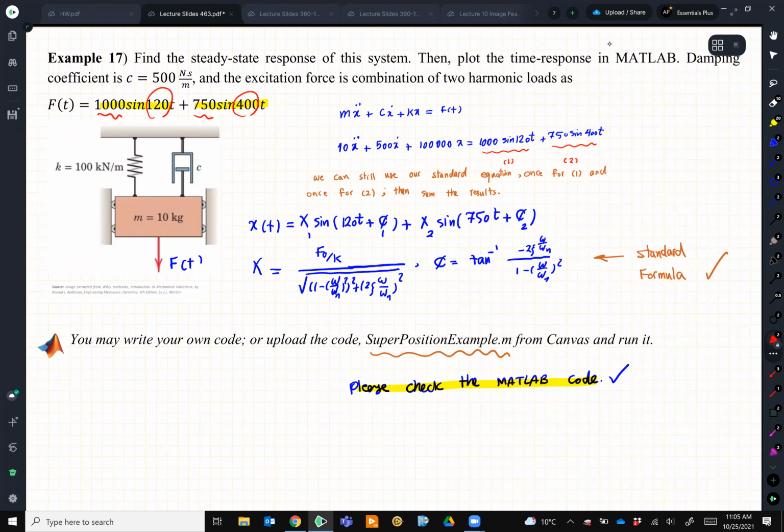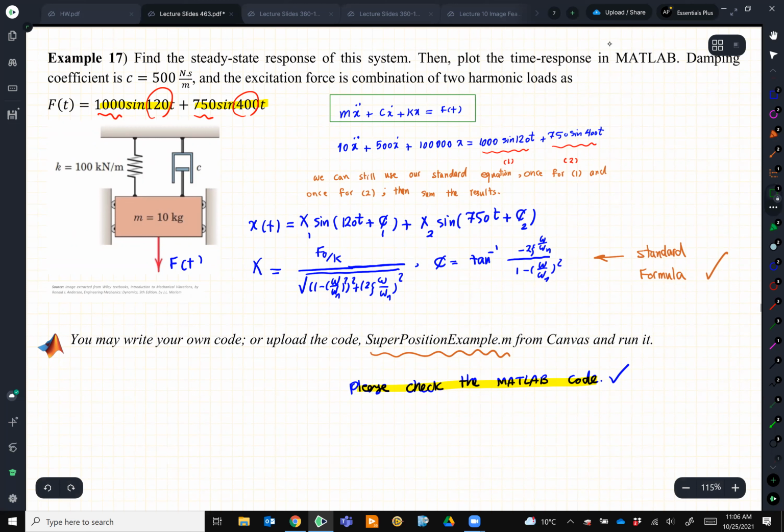Luckily, we can use the superposition property, and we can pretend that one time the problem is under the first force, but we have the same standard equation. We pretend once that we have this force, we solve it, we will find x(t), and the second time we say we have this x(t) and we add them together. So in other words, if you have several harmonic forces, you still can use the exact same formula. You just need to add them up one by one.